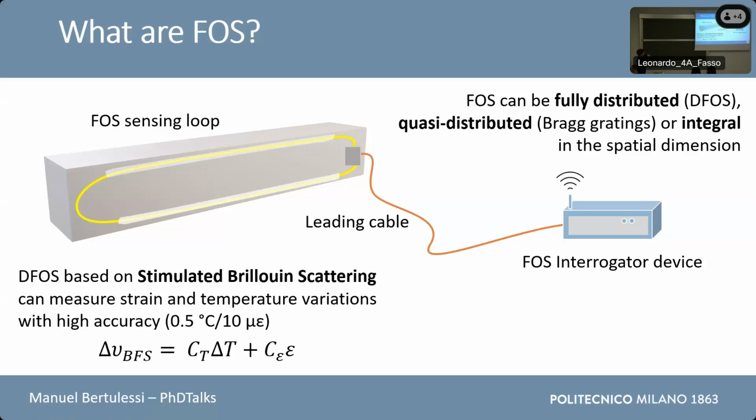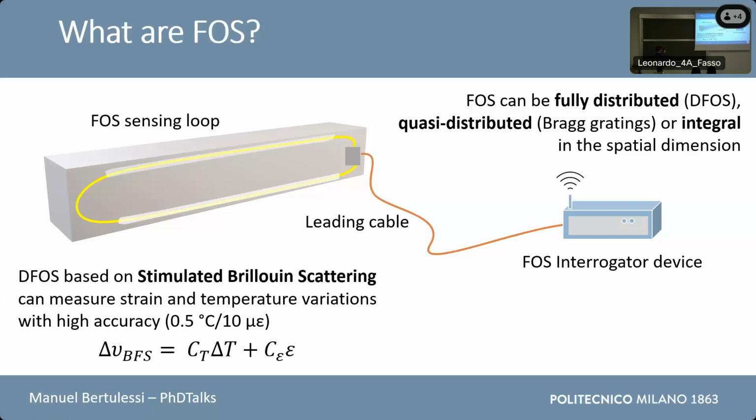Depending on the technology on which it is based, a fiber optic sensor can be fully distributed, quasi-distributed, such as fiber Bragg gratings, or integral as regards the spatial dimension. Among the distributed fiber optic sensors, those based on stimulated Brillouin scattering, the Brillouin technology, can measure strain and temperature variation with high accuracy. We talk about a fraction of a degree and 10 microstrain for mechanical strain measurements.